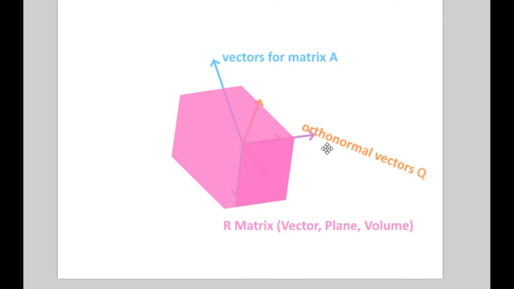That's what the upper triangular matrix is representing graphically. First, we have vectors in the same direction, multiplied by a scalar.